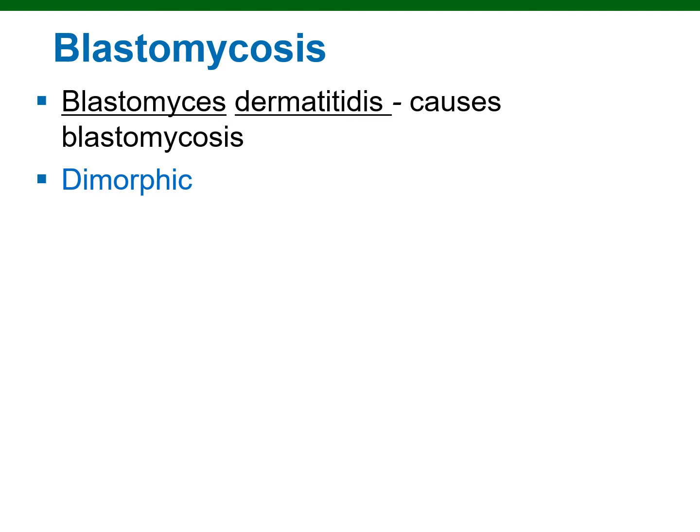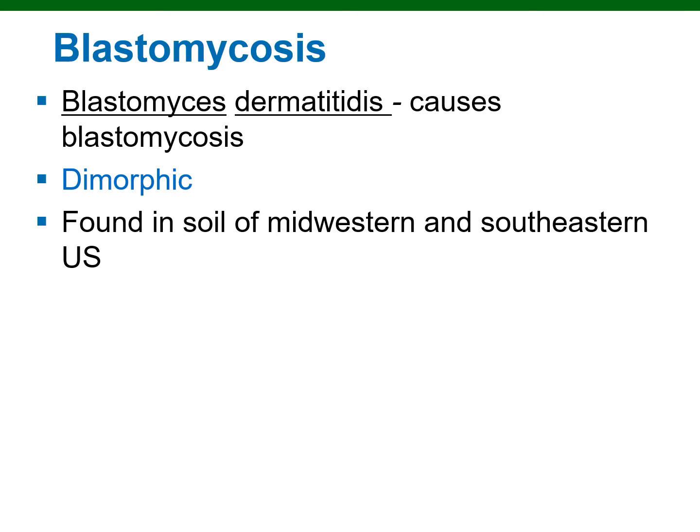And the organism is dimorphic, so it's a mold out in the environment, and then most often it's inhaled into an unsuspecting person. These are just basically events that can happen anywhere where this organism is present.